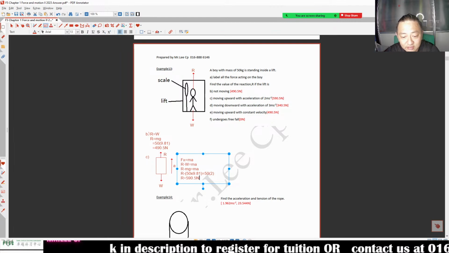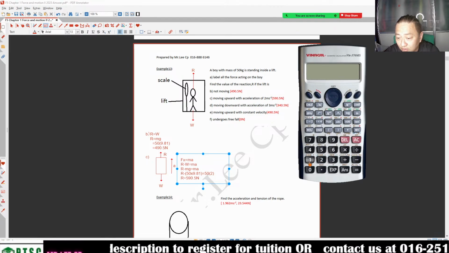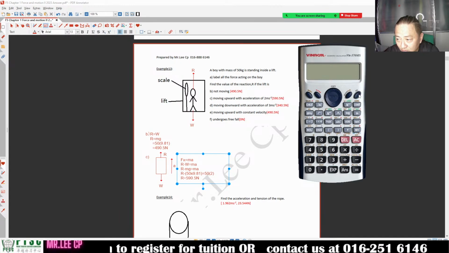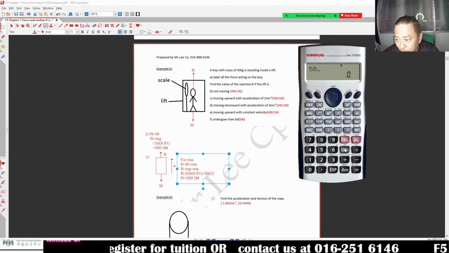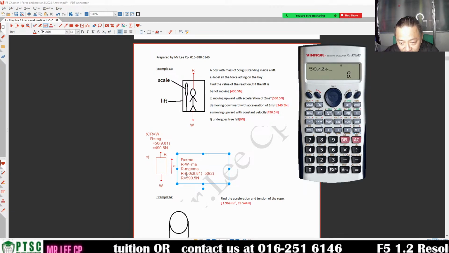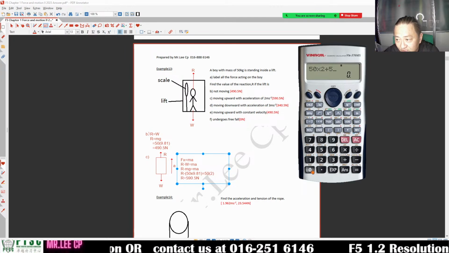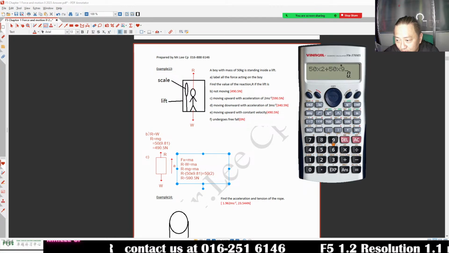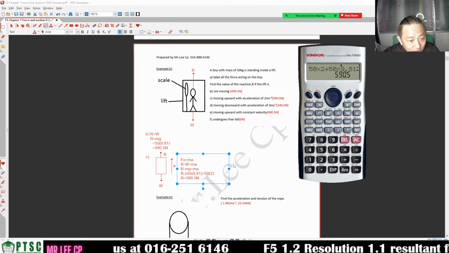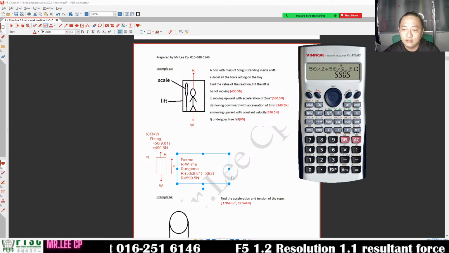And you can press the calculator to get it. 50 times 2, of course you can press the calculator, 50 times 2, not 0.2. Plus, this one is negative, bring it to the other side, 50 times 9.81. You get 590.5.